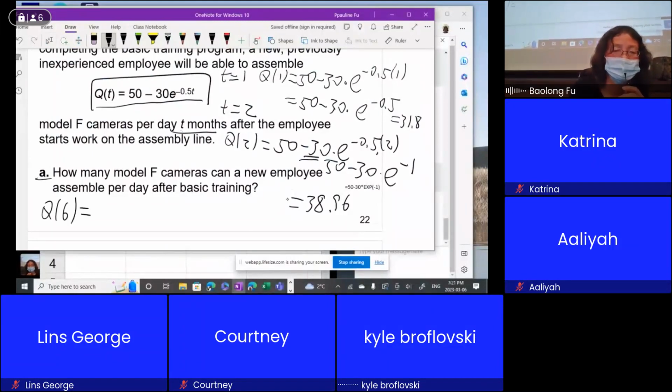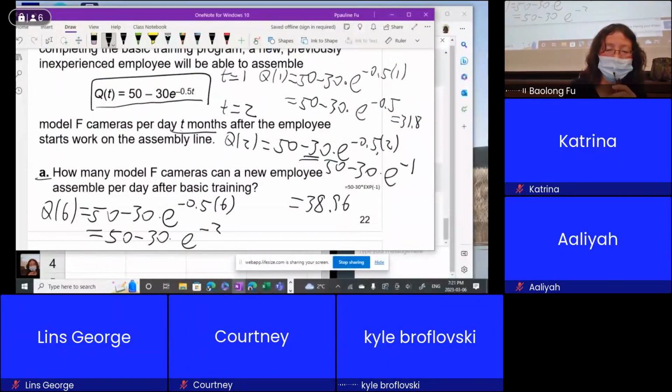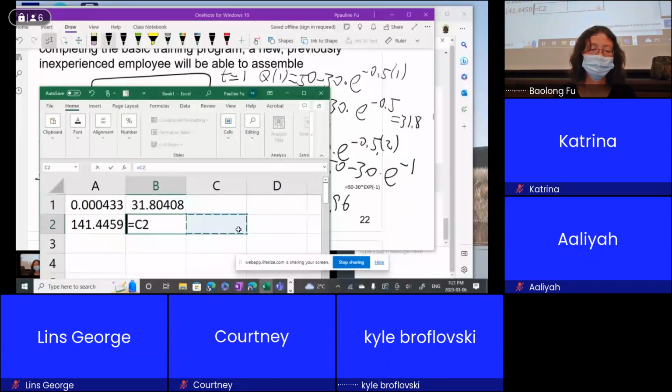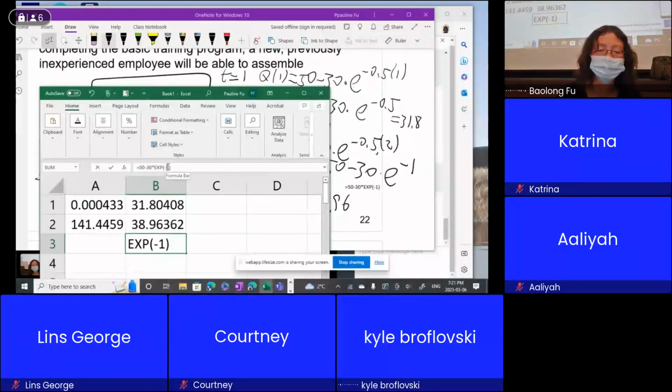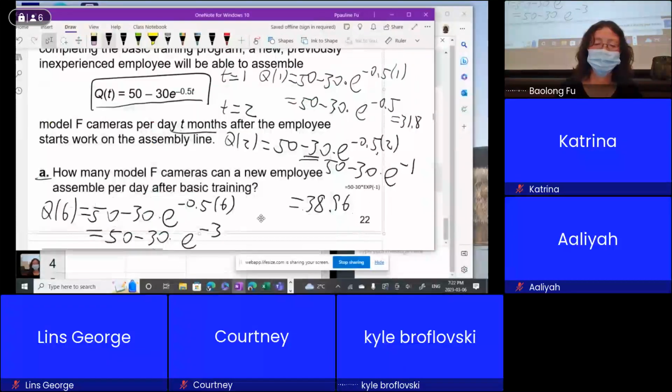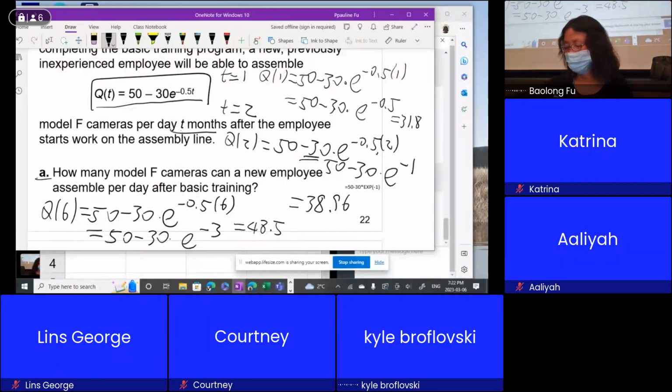So Q6, negative 0.5 times 6, negative 3. The answer is 48.5. Questions?